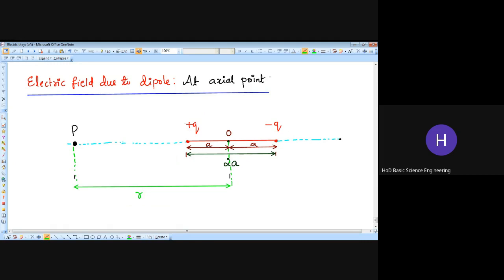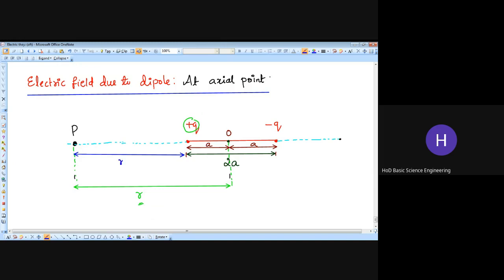Similarly, if you consider charge plus q, what is the distance of point P from that plus q? Now you have taken this as r, and from midpoint to charge, you know that is a. Using that, can you write the distance between point P and plus q in terms of r and a?